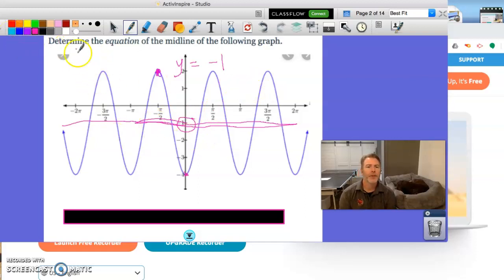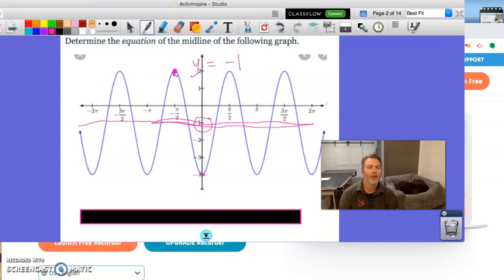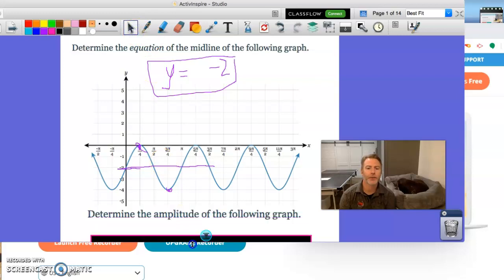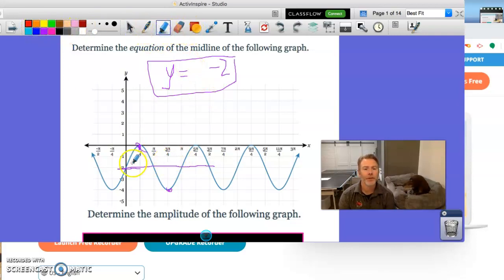The other thing we want you to be able to do, from these midlines, is describe another term: the amplitude. If we go back to that definition, the amplitude is the distance from this midline to the high value. Once we identify the midline, we count up. That's a distance of 2 units.